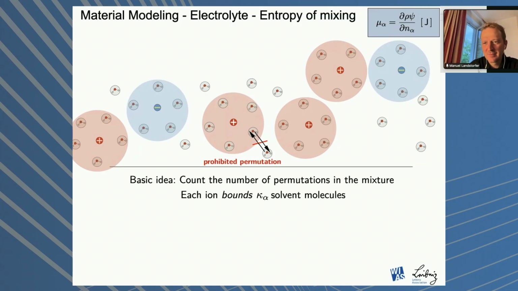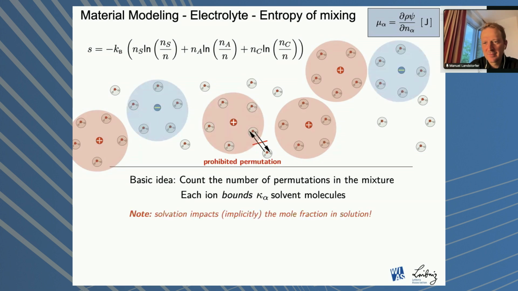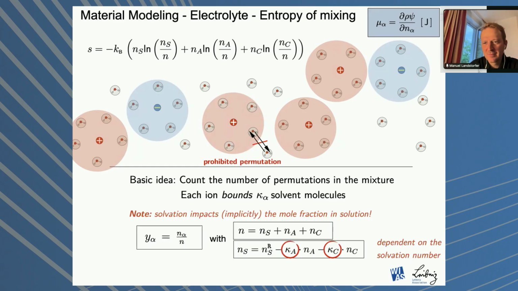And if you do this mathematically sound and you assume that each ion binds a certain amount kappa alpha of solvent molecules, you will find again an expression for the entropy of mixing, but this has more delicate definitions in the sense that the solvation, so the binding of solvent molecules in the solvation shell, is implicitly incorporated in the definition of the mole fraction y alpha.